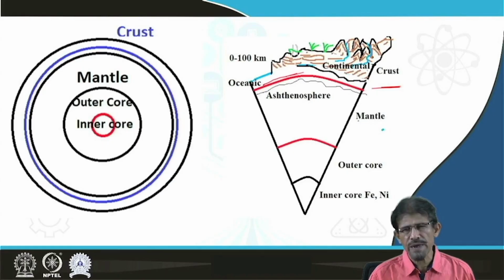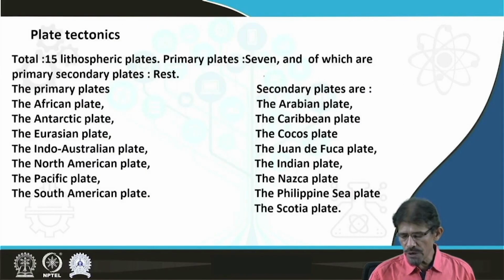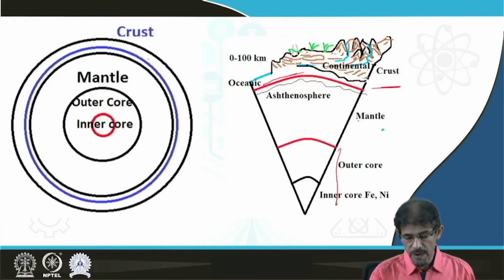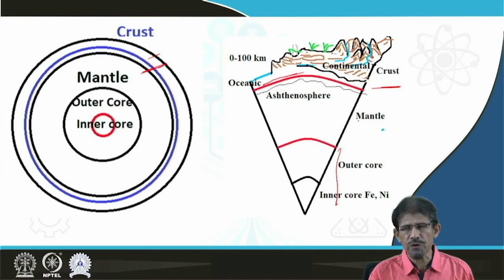The mantle is divided into a number of layers: upper, middle, and lower. This outer surface, which is made up of the crust and some part of the mantle, is recognized as lithospheric plates, and there are 15 plates, though it may vary as per other views. The 15 plates envelop the whole surface of the Earth.